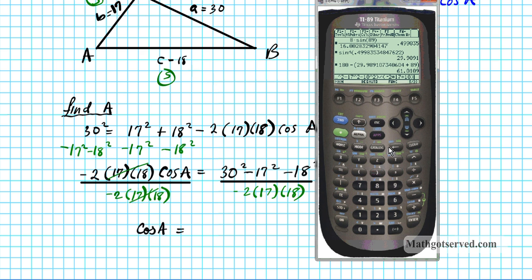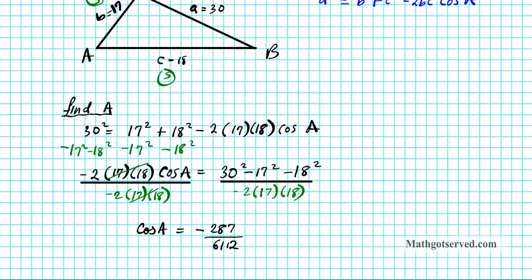Okay, go ahead and do that. Enter. We get negative 287 over 612. Okay, let's go ahead and write that down. It's negative 287 divided by 612.